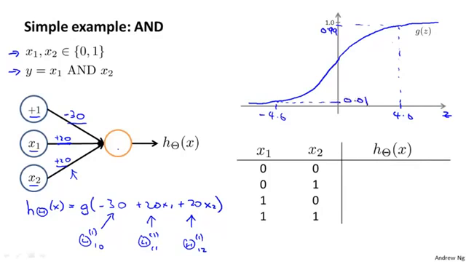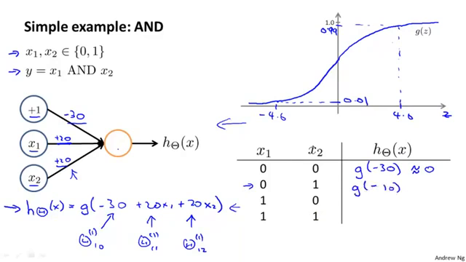Let's look at the four possible input values for x1 and x2 and look at what our hypothesis will output in each case. If x1 and x2 are both equal to 0, then the hypothesis will output g of -30. So it's very far to the left of this diagram, so it'll be very close to 0. If x1 equals 0 and x2 equals 1, then this evaluates to g of minus 10.